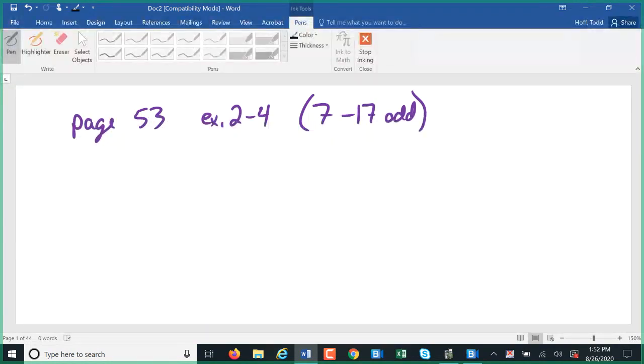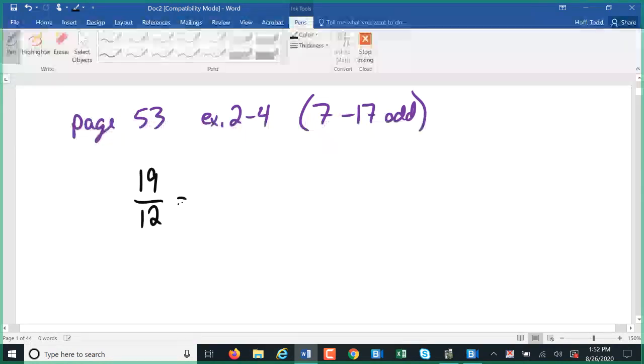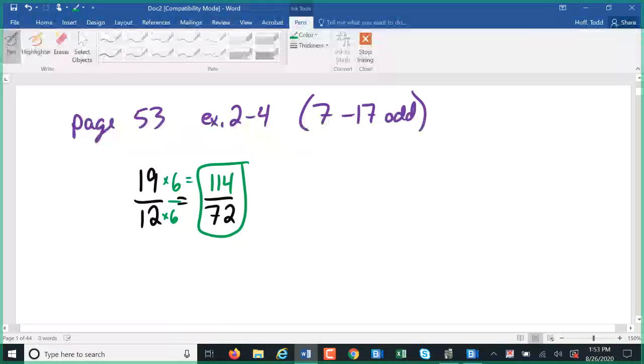Now this one, it's a little confusing because you want to change that 19/12, but we're not going to do that quite yet. 19/12 is how many 72nds? Well, 12 times 6 makes 72. 19 times 6 is 114, so 114/72. Any questions on those?